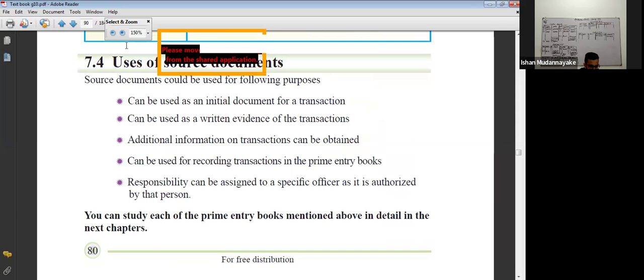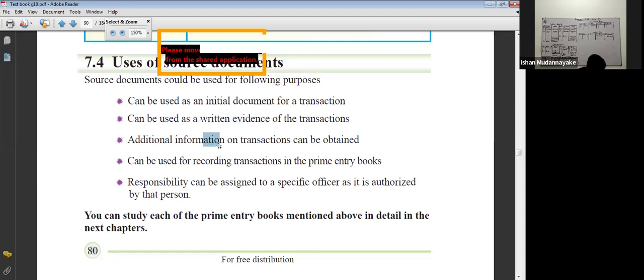Next, it can be used as written evidence. If you have a court case in Sri Lanka, we require written evidence. Likewise here, the source document is written evidence of a transaction.